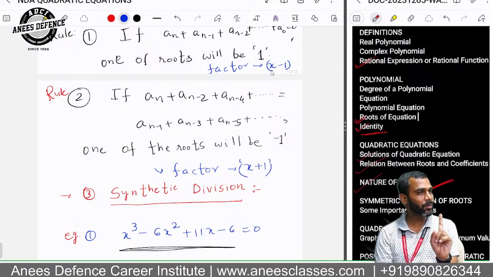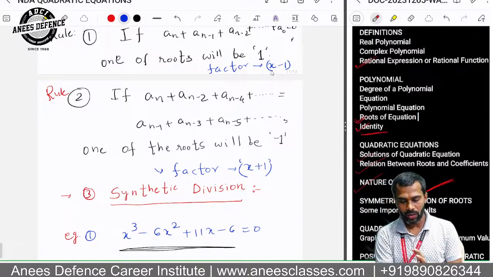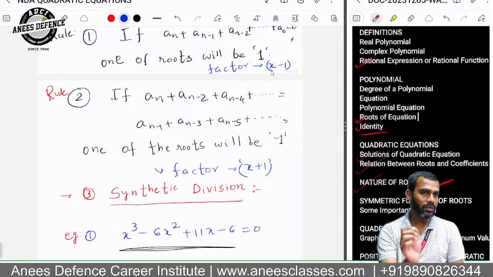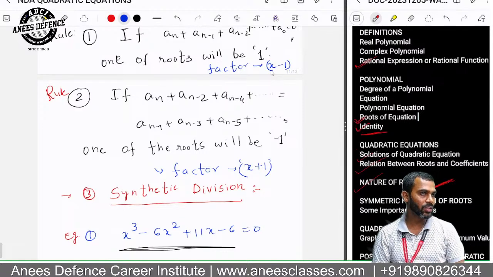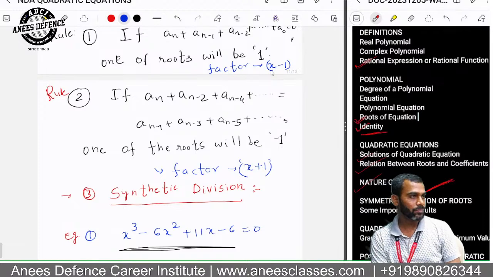Okay, the first purpose, I hope you understood. The second one: suppose we are sure that the given number is a root of the equation. Then it will help you find the other roots.